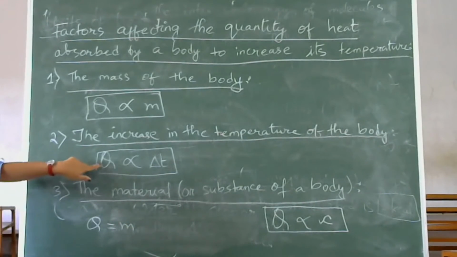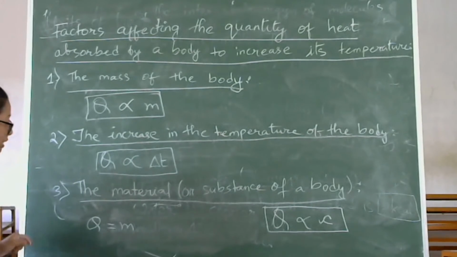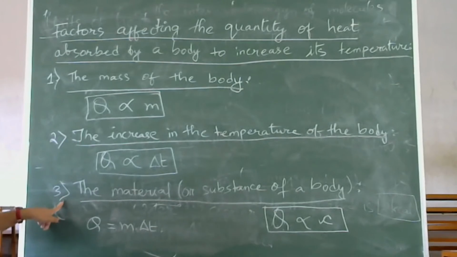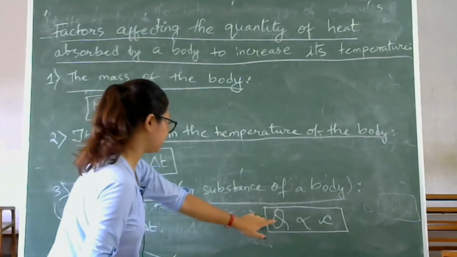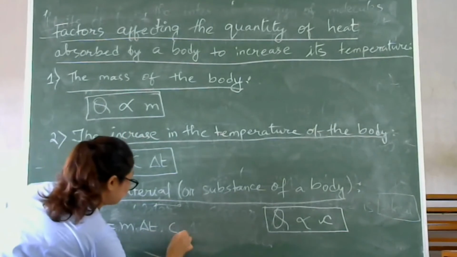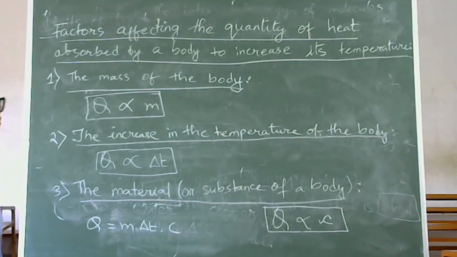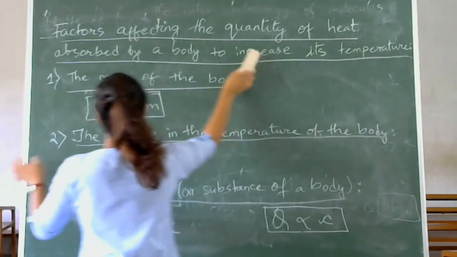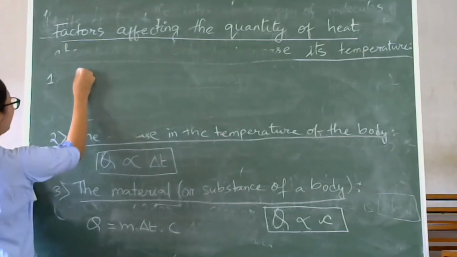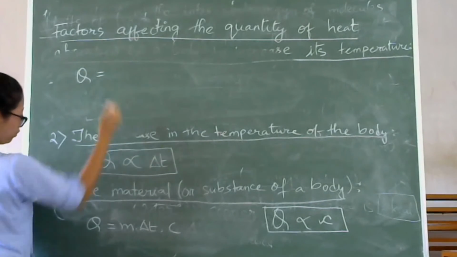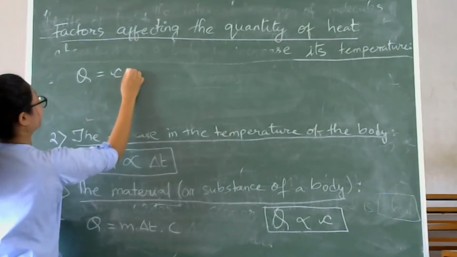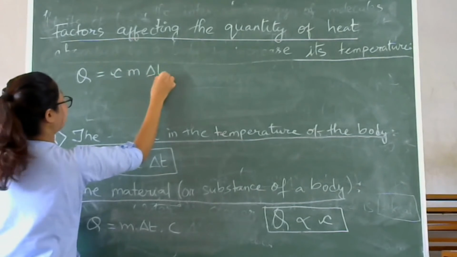Number two, the heat absorbed depends on the rise in temperature, delta T. And number three, it depends on the material or substance of the body, that is C. So, I have Q equal to m C delta T.